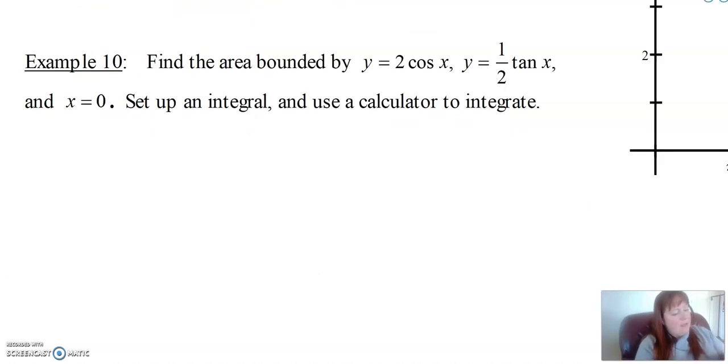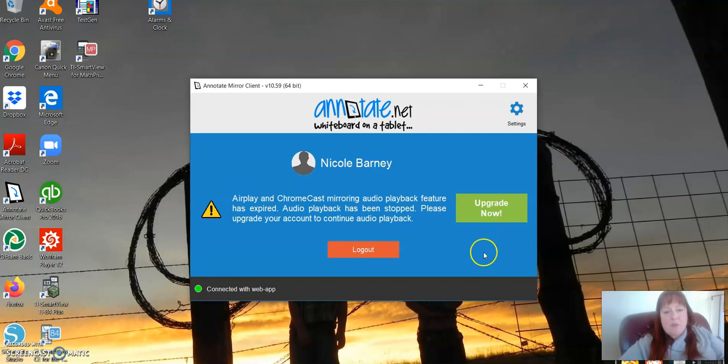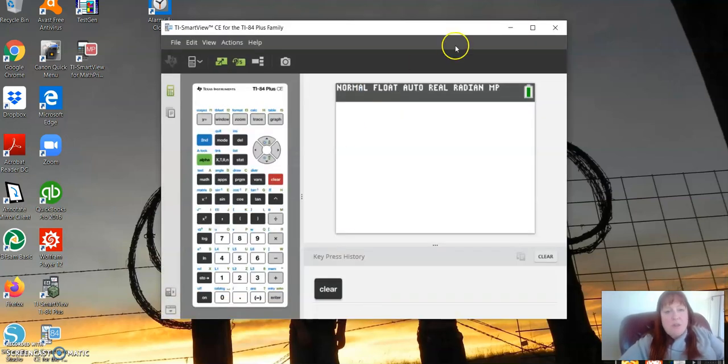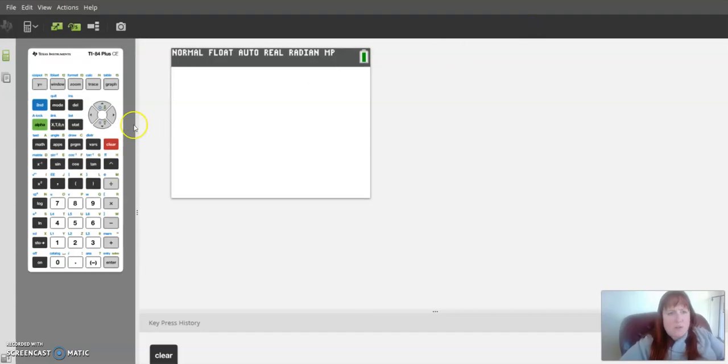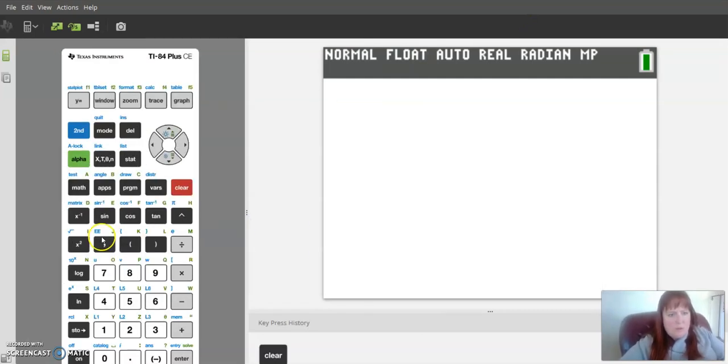Okay. Last but not least, find the area bounded by these two curves, 2 cosine x and 1/2 tangent x. Let's first do this in our calculator. We're going to bring up our calculator, make it as big as possible, and go to y equals.